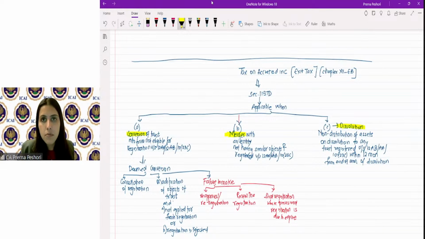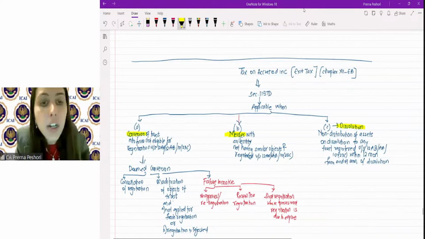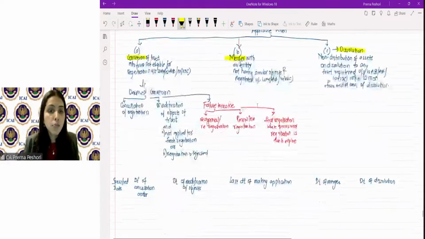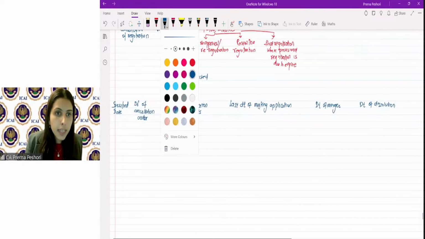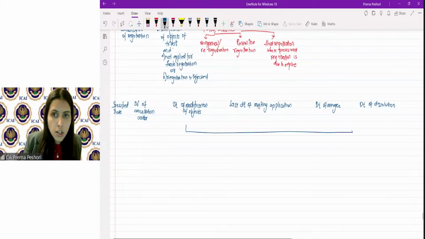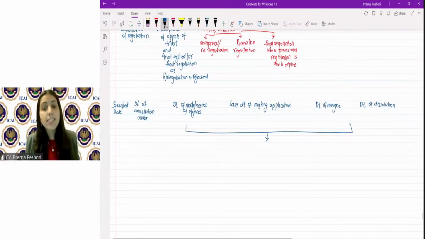Okay. Now, what will be your income which is chargeable to the exit tax? My income chargeable to exit tax is the accreted income. Now, what is my accreted income?